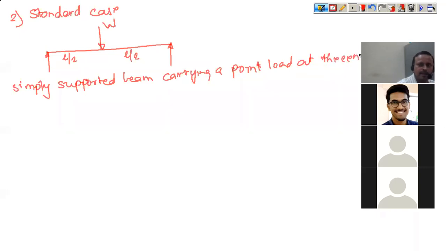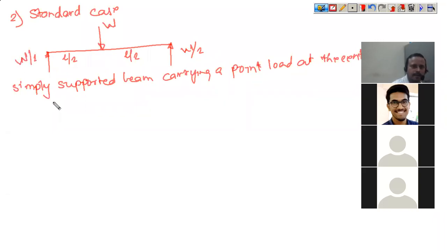If it is not carrying the load at the center, then this will not be a standard case. If you have a simply supported beam carrying only a point load, and that too at the center, this becomes a standard case. Here the reactions, if you find them, will be W by 2 and W by 2.